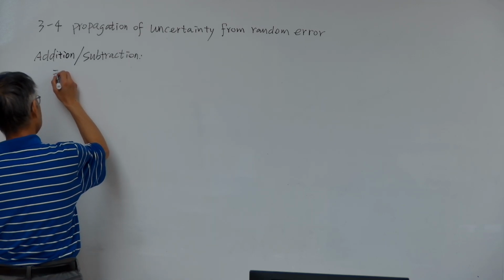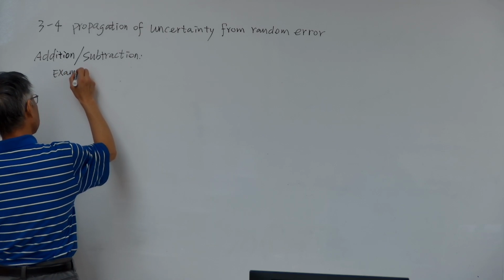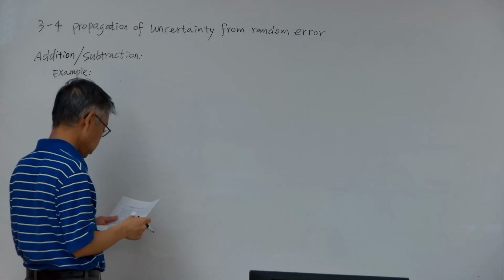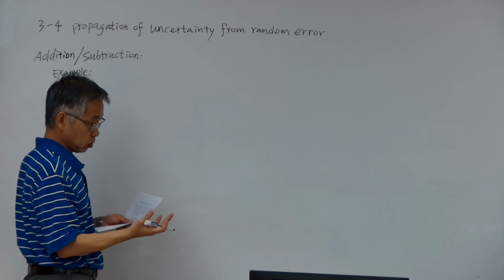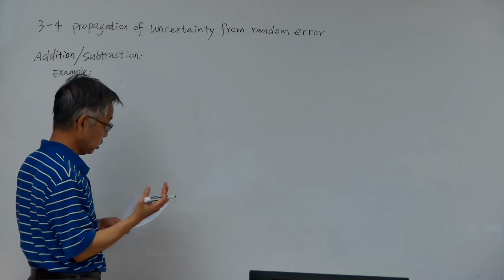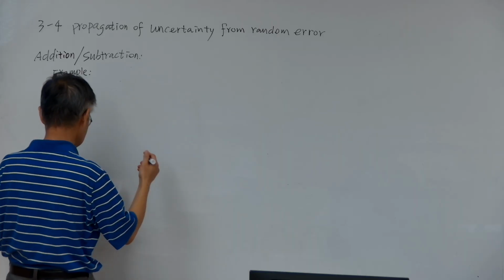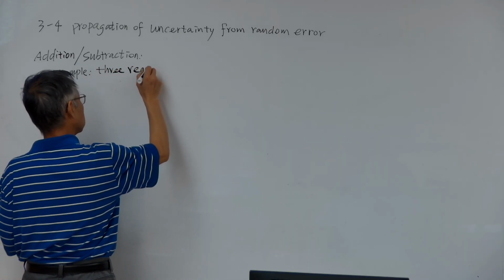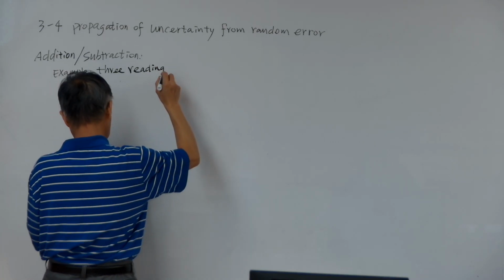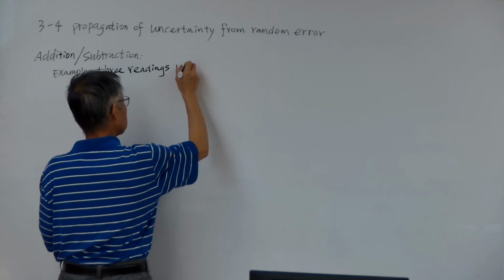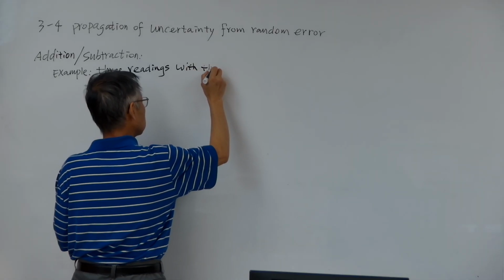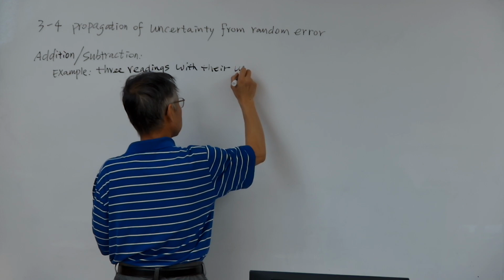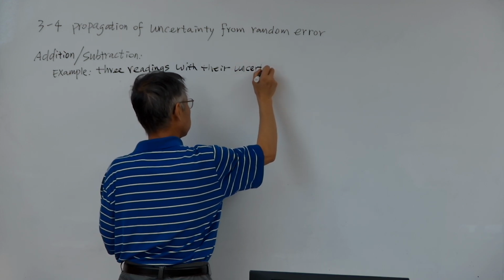For example, we have 3 numbers, like you read volume from a burette, or you read mass from a balance. Let's say 3 readings. Uncertainty means some random error.